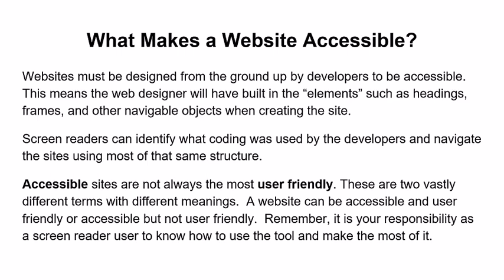Accessible is a term that's defined according to specific accessibility standards, whether they pass the WCAG accessibility standards and guidelines. But just because it passes, it doesn't mean that your skill set is up to navigating that site. It's your responsibility as a screen reader user to know how to use the tool to make the most of it.